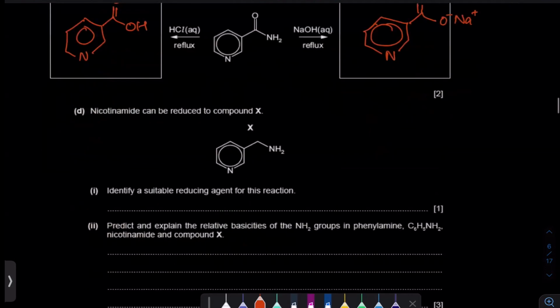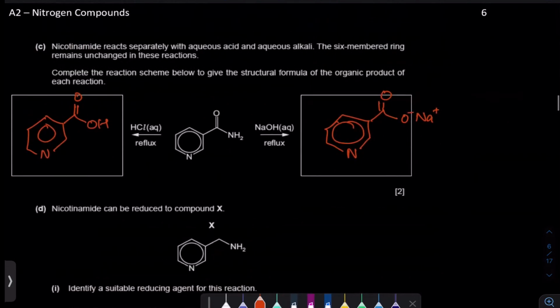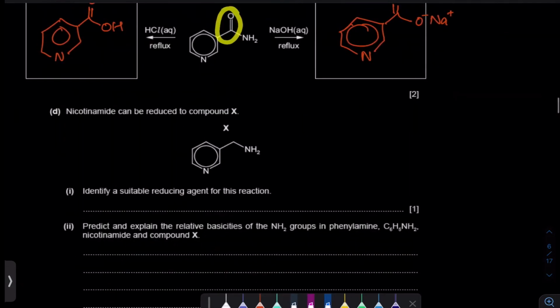Okay, nicotinamide can be reduced to compound X. Identify a suitable reagent. Nicotinamide has the C double bond O part, and the oxygen has been taken away and replaced by two hydrogens. When you remove oxygen and add hydrogen, what is that process called?